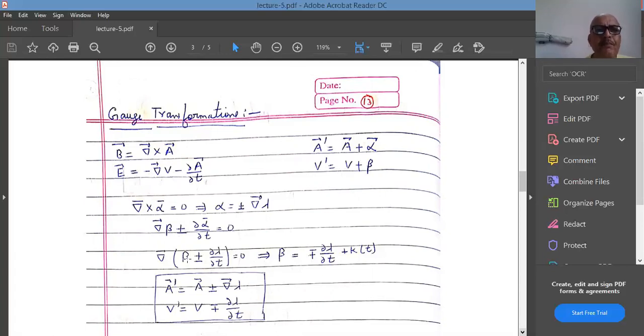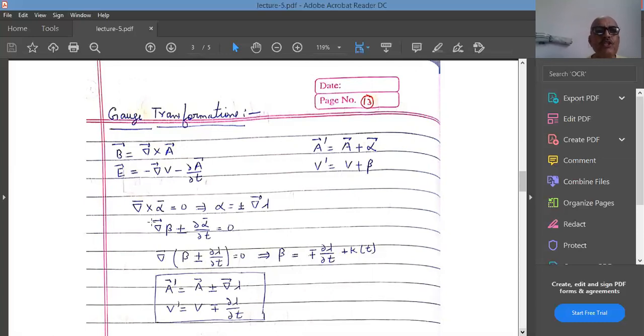So gradient of beta plus minus del alpha over del t must be equal to 0. That is the requirement for having the same value of E for both A dash and B dash, and A and B.